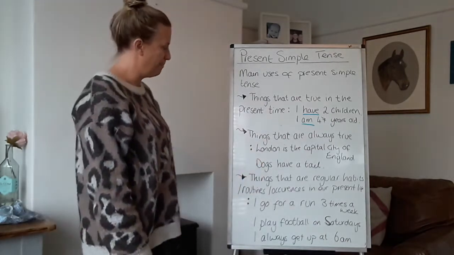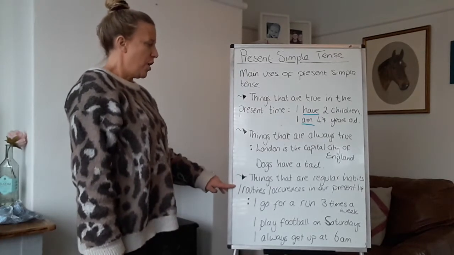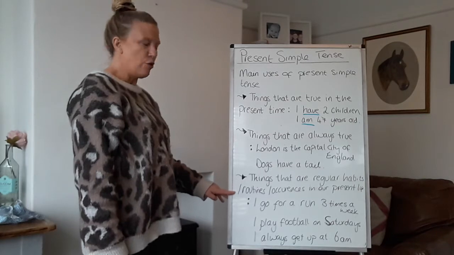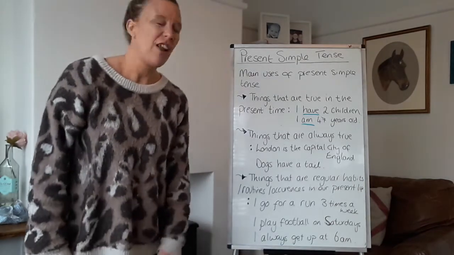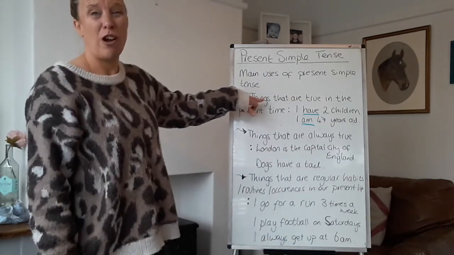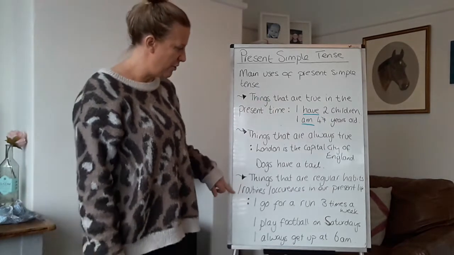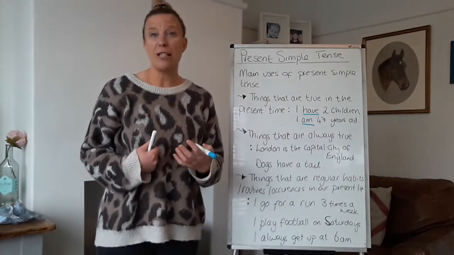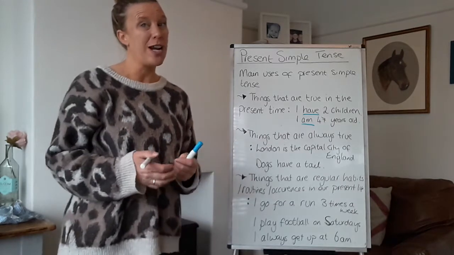Factual information. We also use the present simple tense for things that are regular habits, routines or occurrences in our present life. So a little bit like things that are true in our life. But we tend to use these with what I call time expressions or adverbs of frequency.